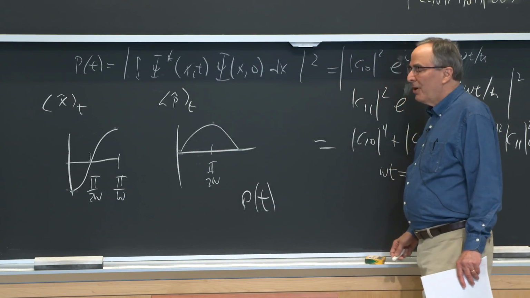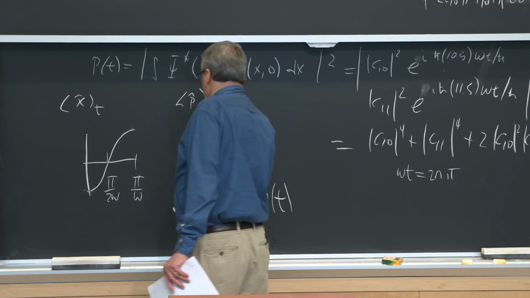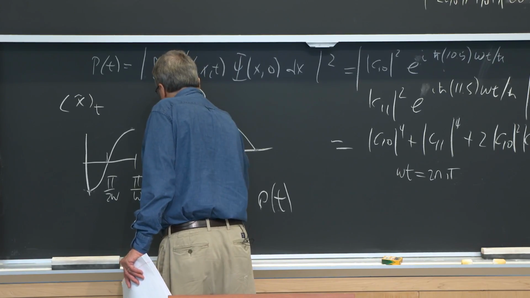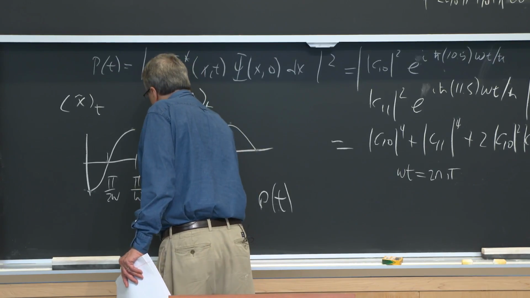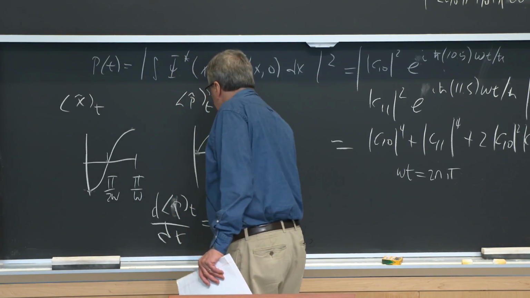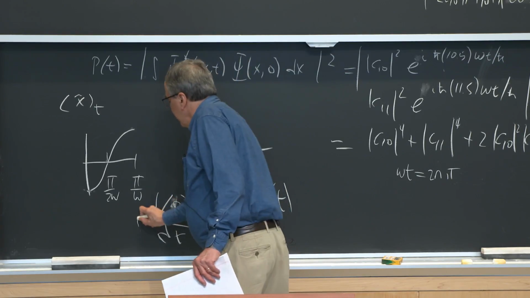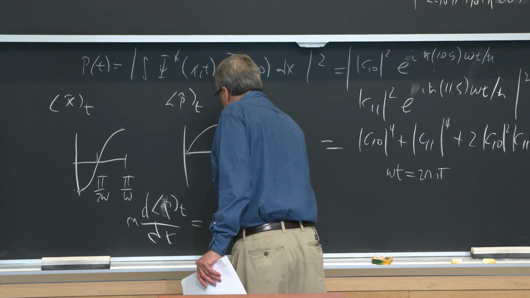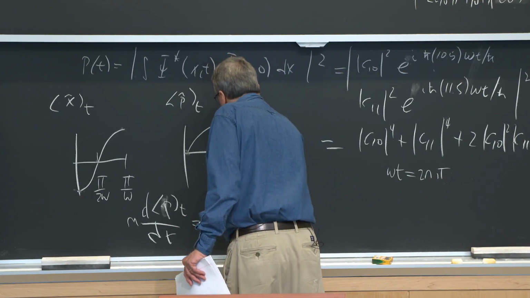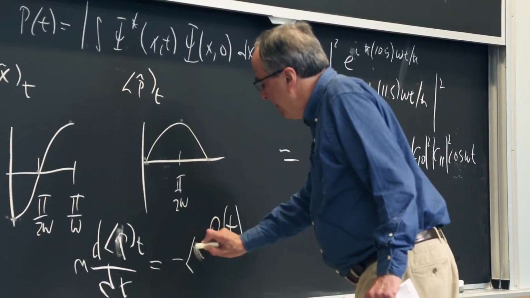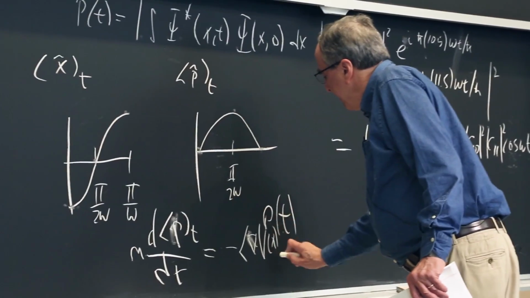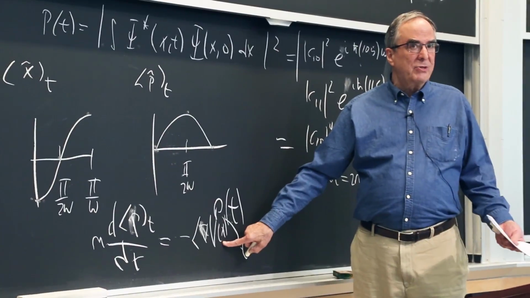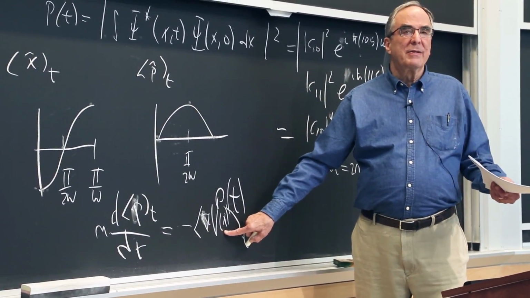Which is neat, because Newton's equation says that the time derivative of the momentum, that's the mass times acceleration, is equal to the force, which is minus the gradient of the potential, a function of time. And for a harmonic oscillator, the gradient of the potential is kx.